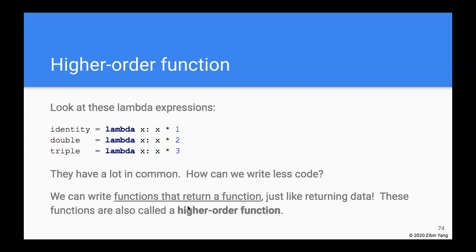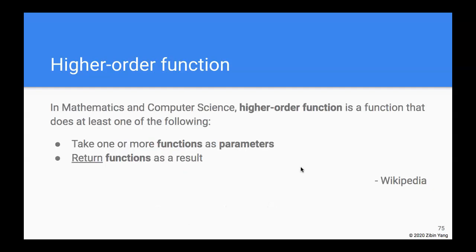And so functions that return a function are also one type of higher order functions that we've been talking about. So remember, higher order functions do not necessarily just take functions as parameters, as inputs. They can also return functions as a result or as an output from the function.